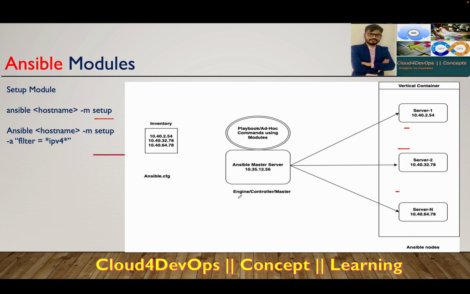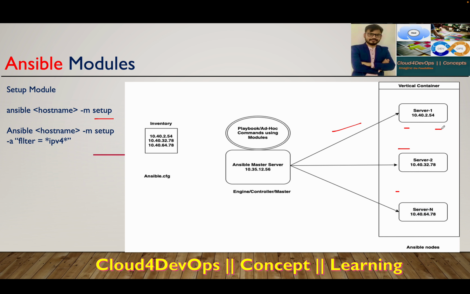Whenever you run a module command, let's say installation of httpd, the controller engine will first send the setup module to all the managed nodes via SSH connection, or WinRM in the case of Windows. Then what is the setup module doing? It checks whether the HTTPD Apache server is installed on the managed node or not.